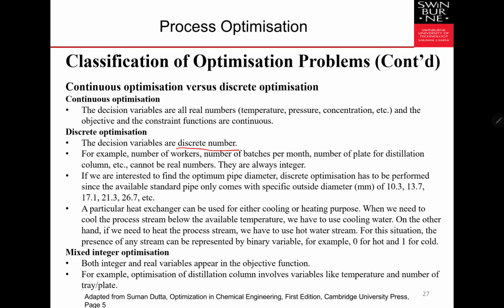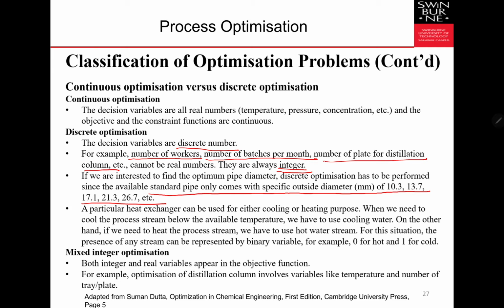This also applies if we define the number of workers, number of batches per month, or number of plates for a column. Those are integer numbers, not real numbers. Likewise, if we want to find the optimum pipe diameter, the available standard pipes only come with specific outside diameters.